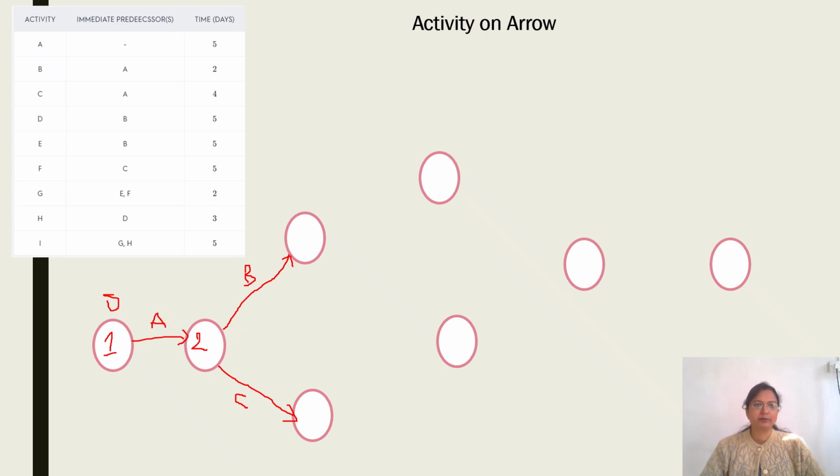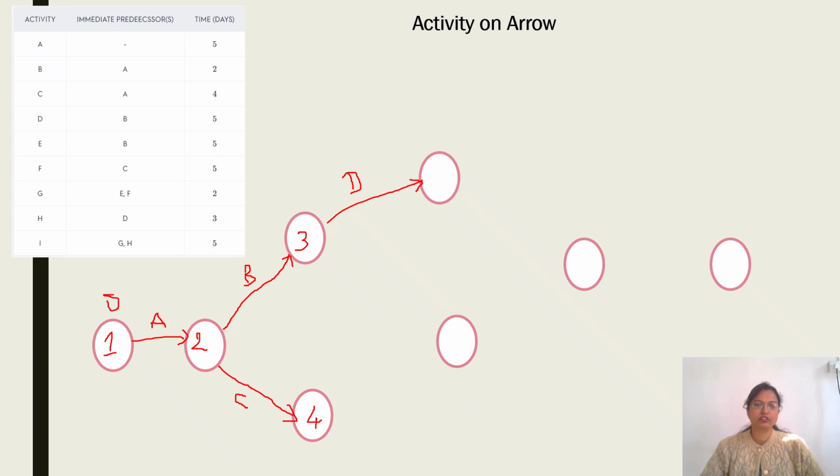Next, D depends on B. Suppose this is D. Here you can give the node numbers 3 and 4.